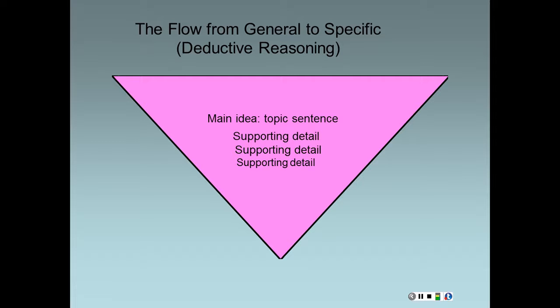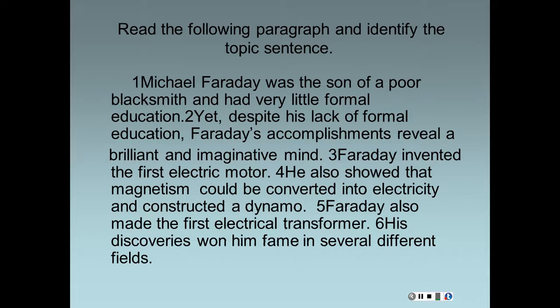The flow from general to specific, in which an author begins with a general statement and moves to specific reasons and supports, is also known as deductive reasoning. Articles in encyclopedias and news stories in magazines and newspapers typically use the deductive flow of ideas. Read paragraph 2 and identify the topic sentence.